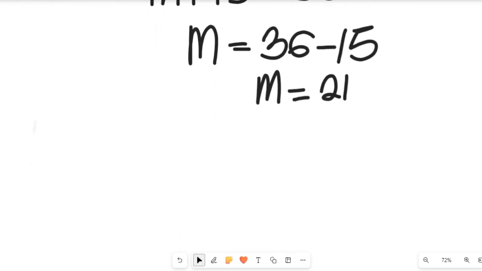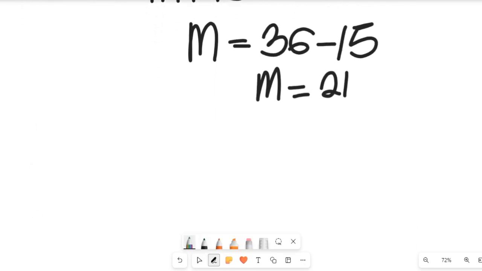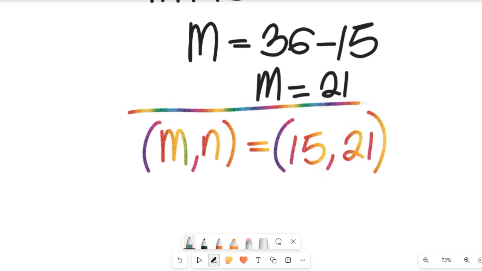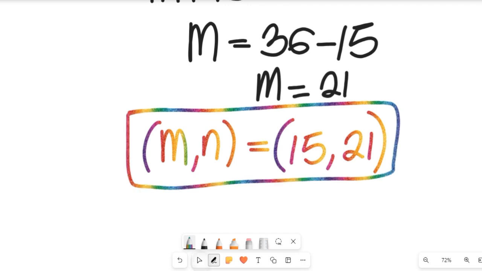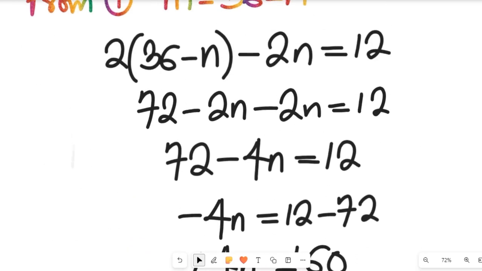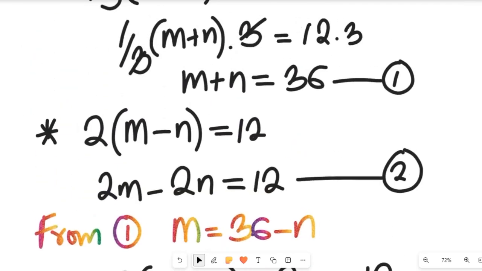So the values of m and n, the two values given to us, are 15 and 21. These are the solution that satisfies that word problem. n is equal to 15 and m is equal to 21.